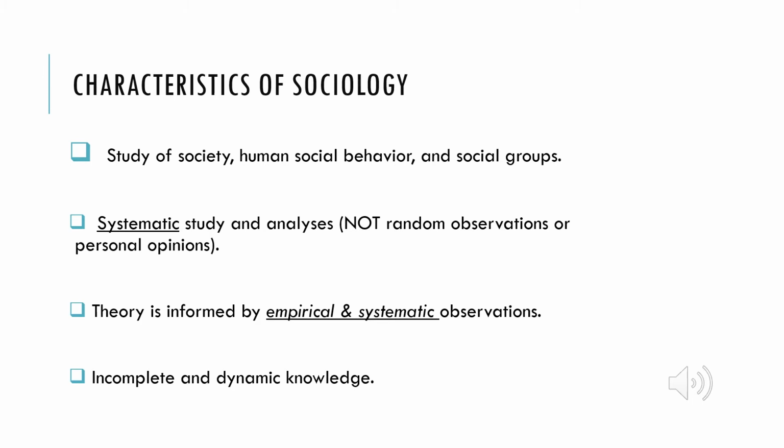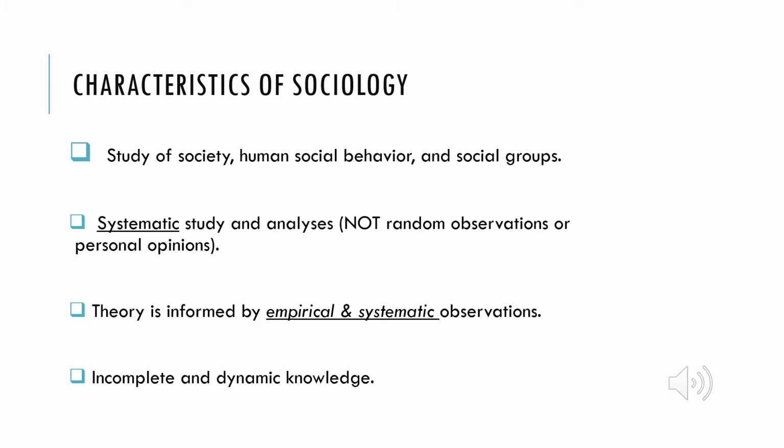The last point related to what I just said is that sociology is definitely incomplete in terms of what we know about society, right? And the kind of knowledge that sociologists generate is dynamic because people change. What is true about race and ethnicity 100 years ago is not necessarily relevant or applicable today.